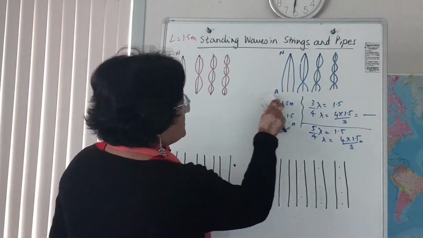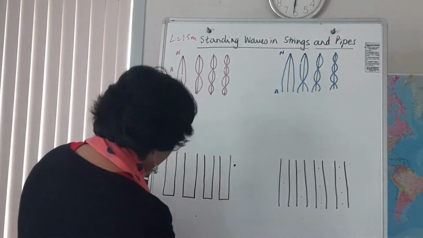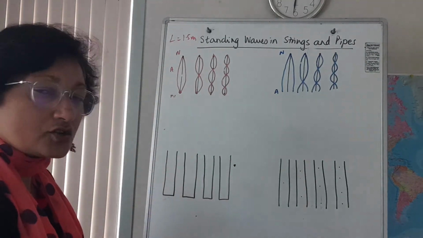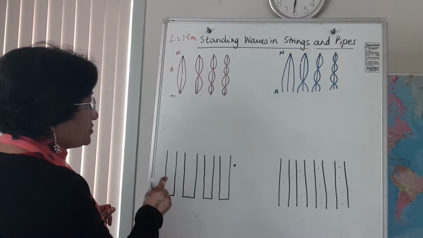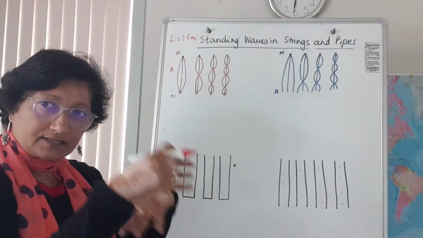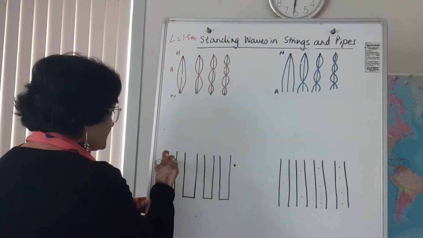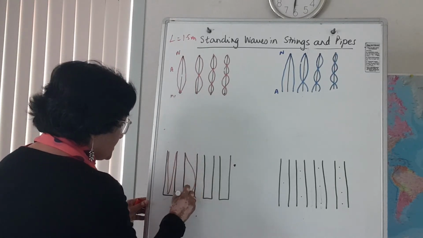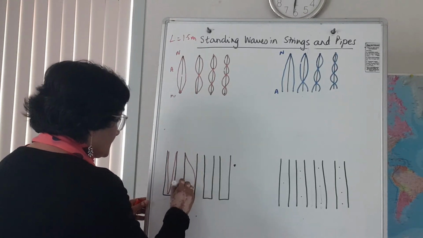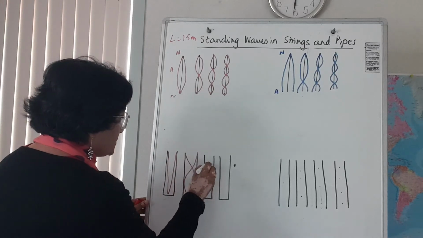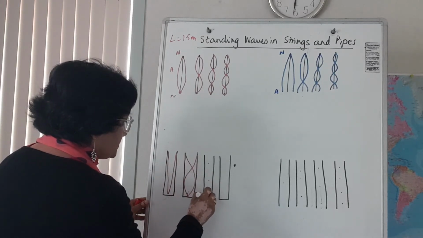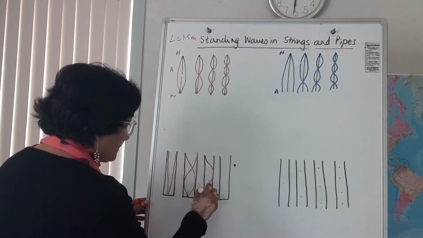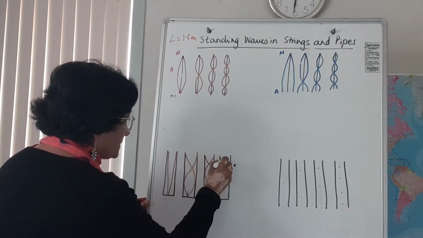Okay, so I'll just write this out. This one here, for a pipe that is closed at one end, open at the other, you always have to have a node here. So it's very similar to that, but just tilted the other way. So this is the first one. And then your second one will look like that. And then your third one.